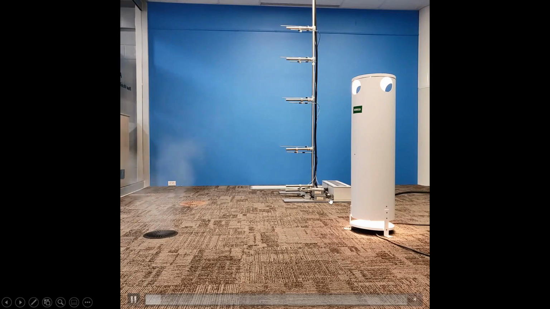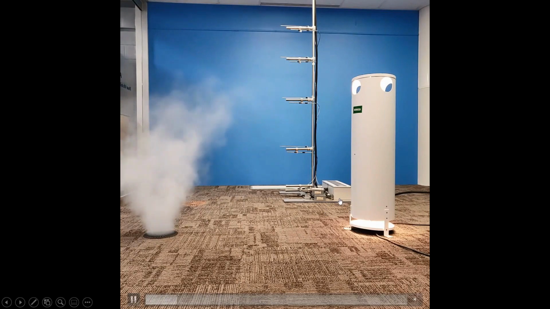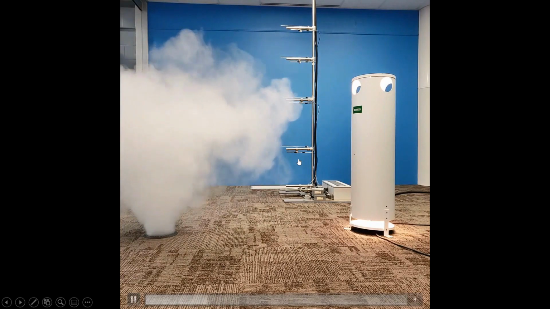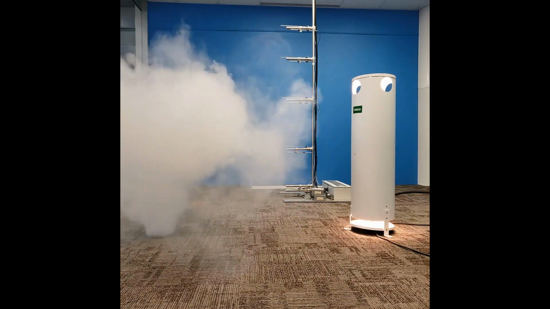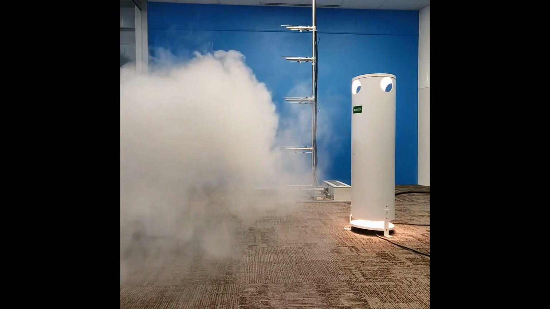So again, these would be great for hallways, outside of cubicles, in the openings to cubicles where you're not going to have people standing directly over for long periods of time.